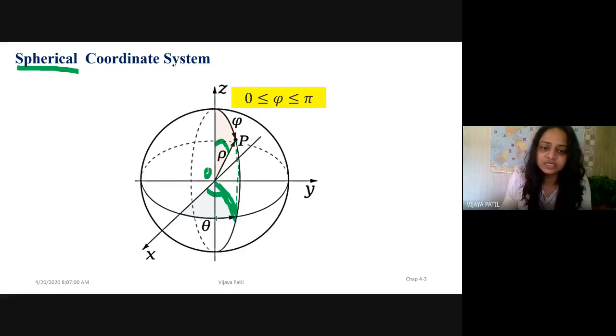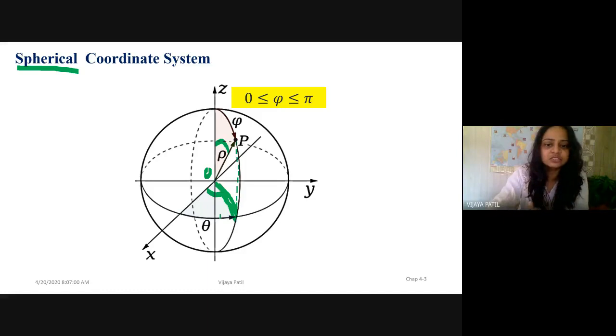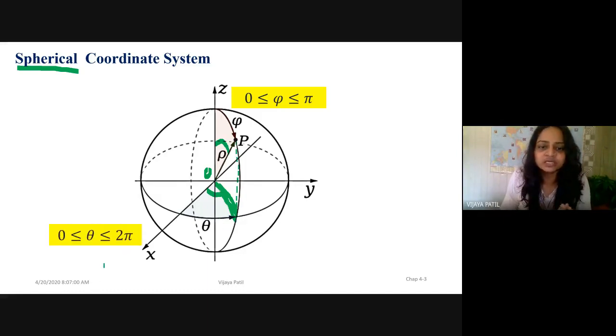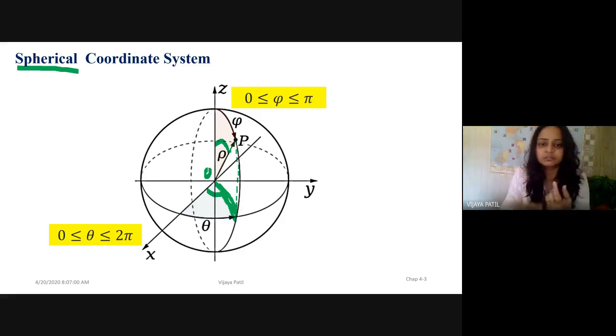And what is the movement of theta? To complete one complete sphere, this theta needs to move the entire circle. That means the entire 0 to 2 pi, and therefore the limit for this is 0 to 2 pi. So in a nutshell, you can understand the movement of theta as the movement along the equator of the Earth. Whereas the movement of phi happens like the longitude moving like this. It will be the movement of phi.